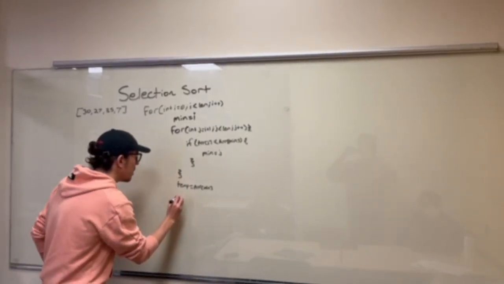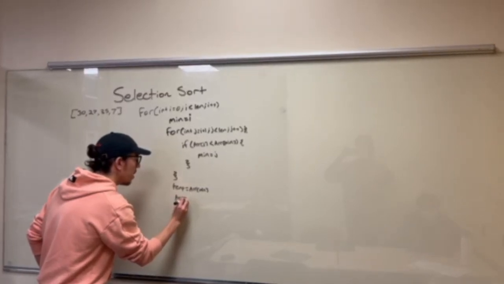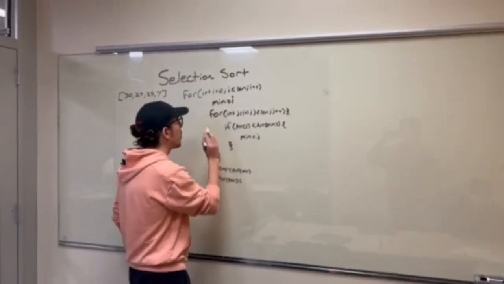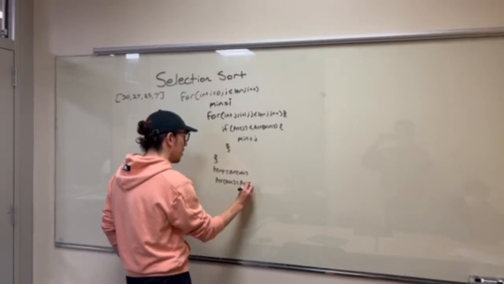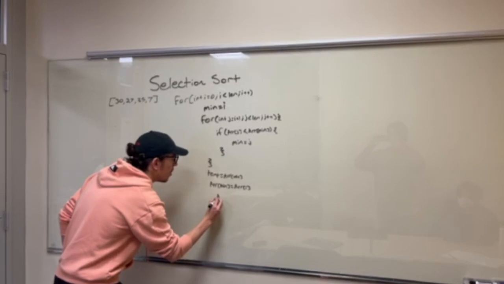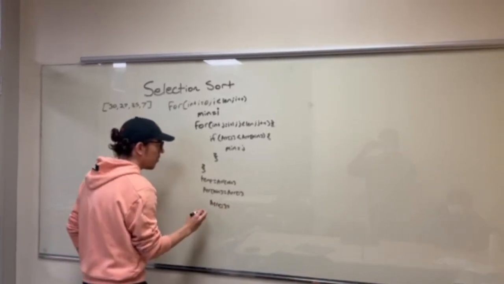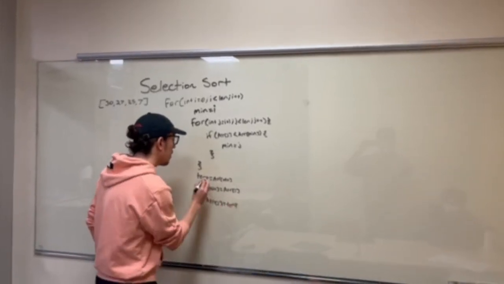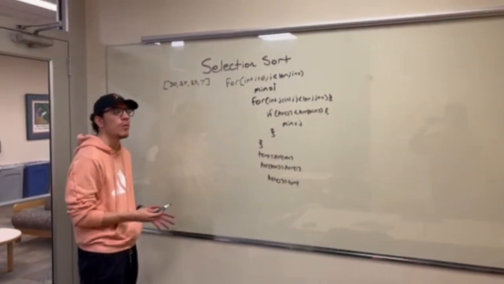And then what will be changed is the array at the minimum will become whatever i is. And then it's just going to swap here with the array at i becoming whatever the temporary variable is. And so that's it when it comes to the code for the program.